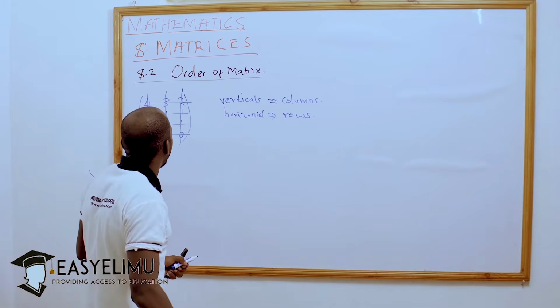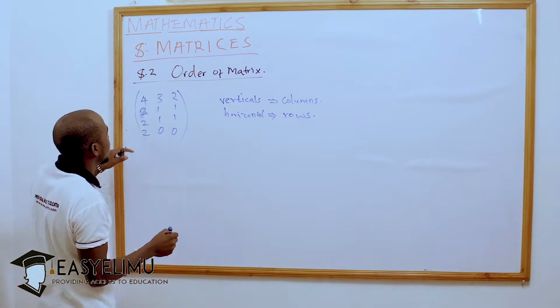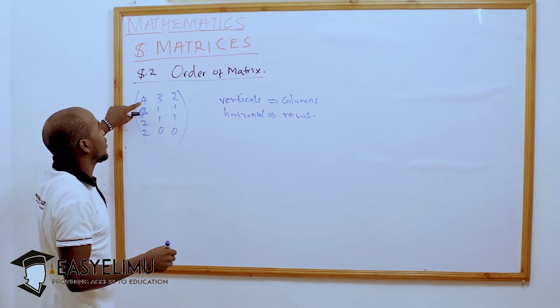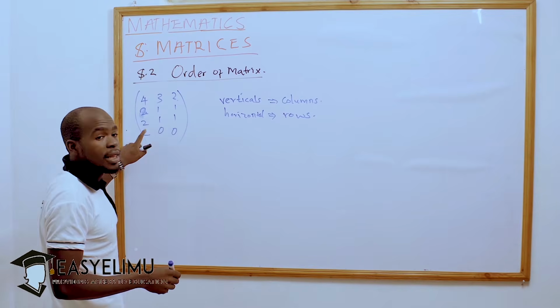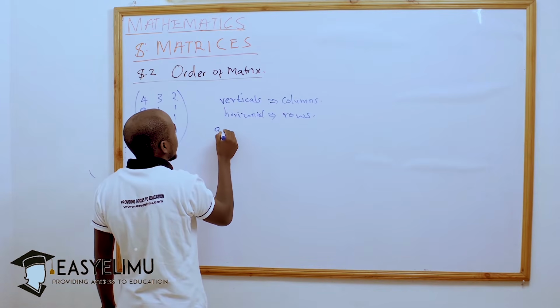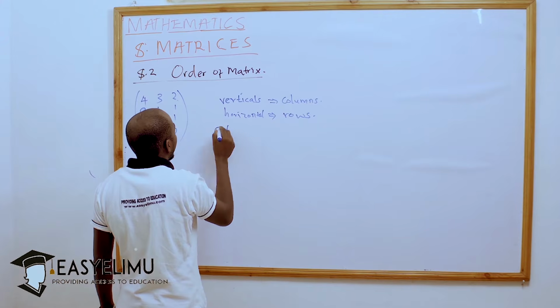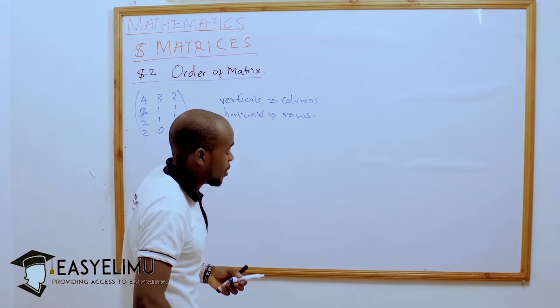And each term which you identify here, like 4, 3, 2, 2, 1, 1, it may be a letter or anything, is referred to as an element of a matrix.